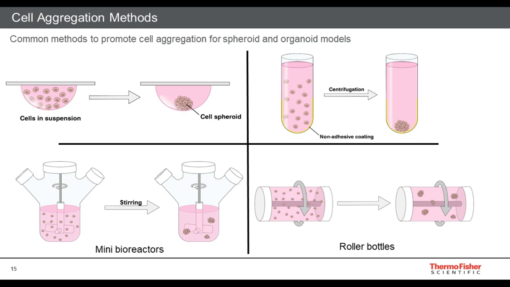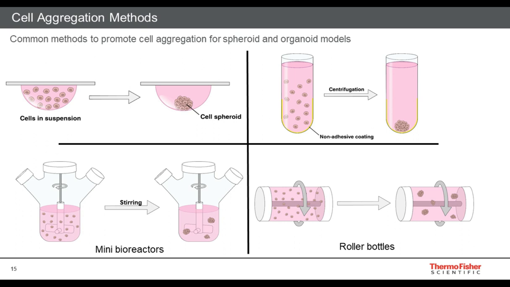These are plates in which the inner surface of the culture well has been coated or treated in some way that prevents cell attachment. When you put your cells in, they all aggregate to the bottom, and the shape of the well at the bottom forces all the cells to aggregate together more quickly. Again, for many cell lines and cell types, this results in the formation of a spheroid.